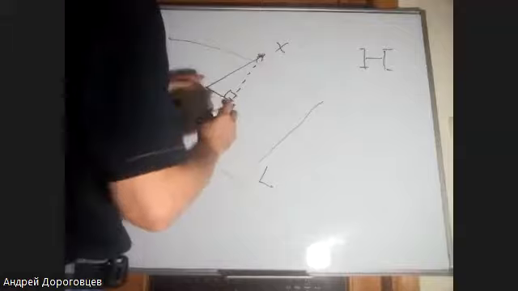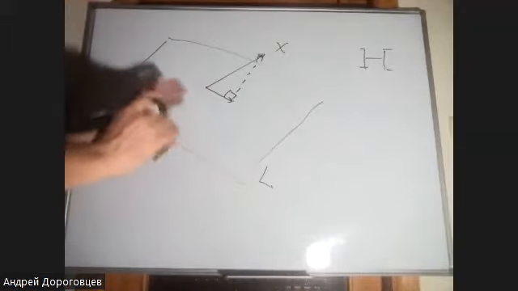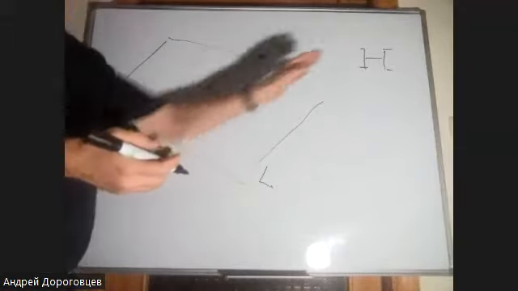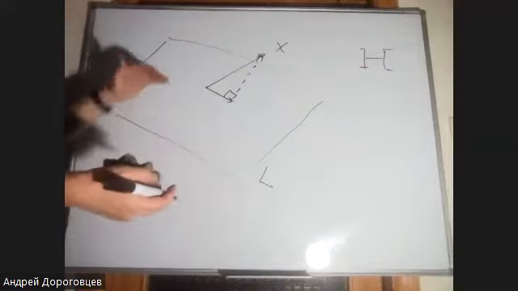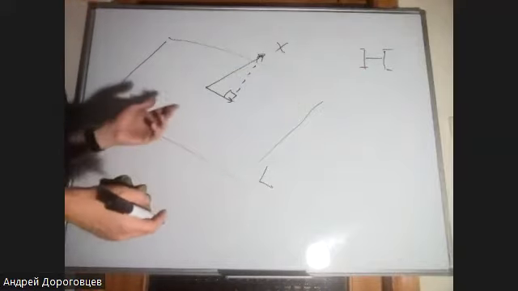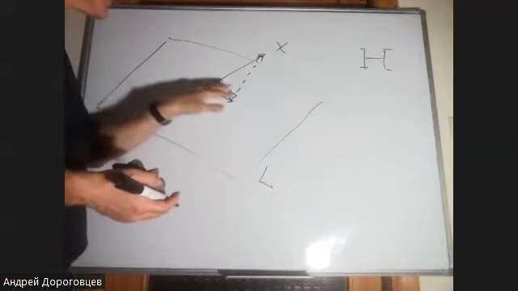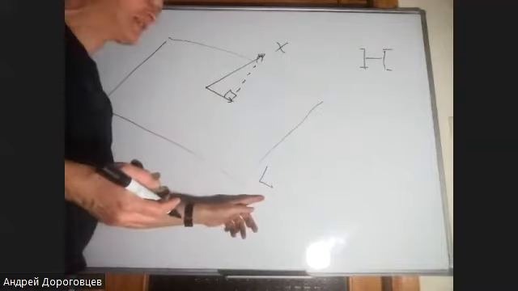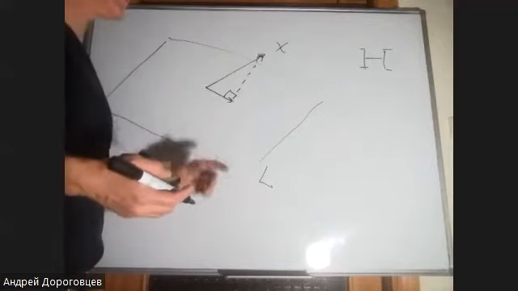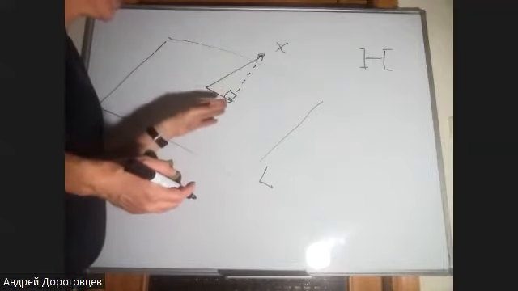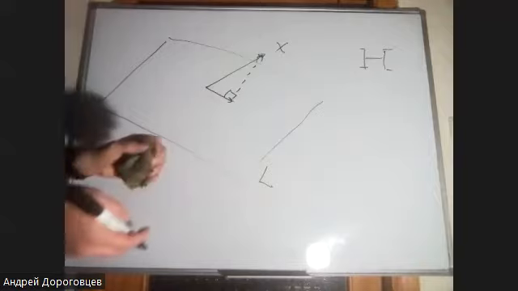So any vector x from our Hilbert space H can be uniquely decomposed as the sum of two summands. One is an element of our space L, and another one is orthogonal to the space L.